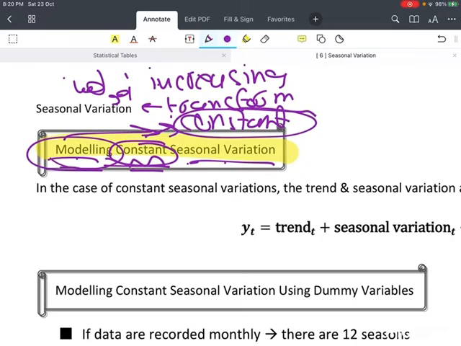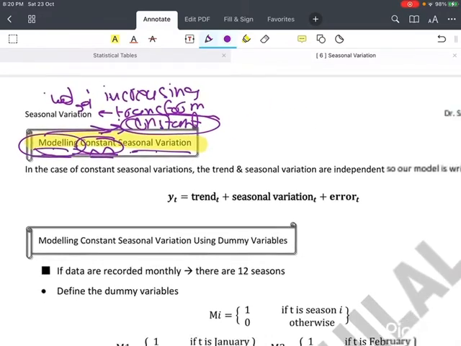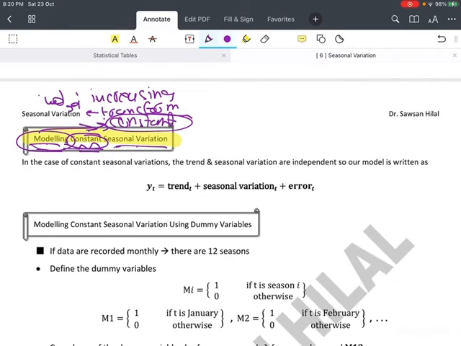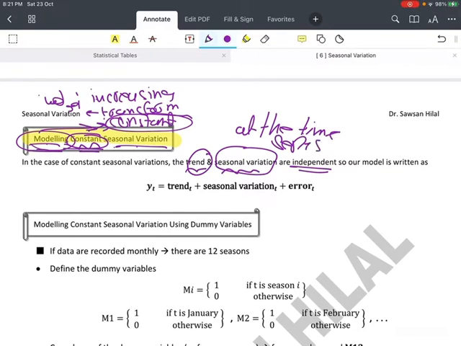Okay, in the case of constant seasonal variation the trend and the seasonal variation are independent. So we know that the trend and the seasonal variation in the time series are independent, separate from each other.